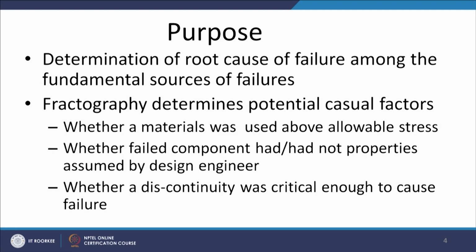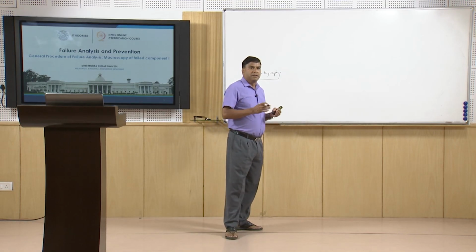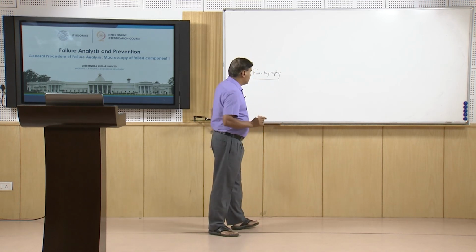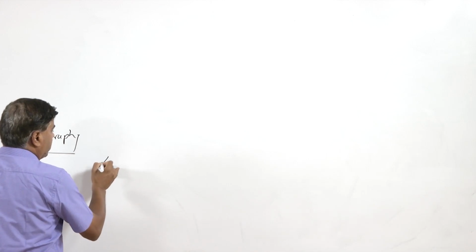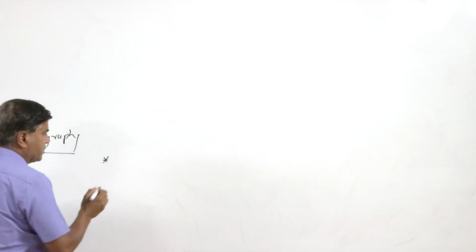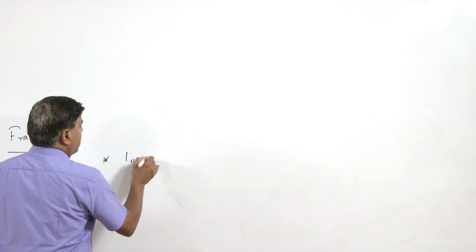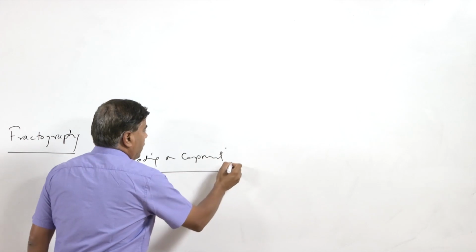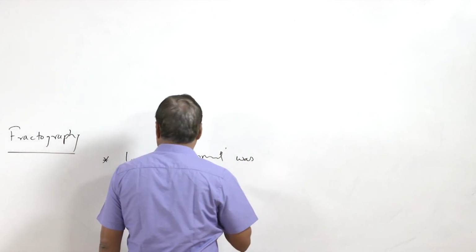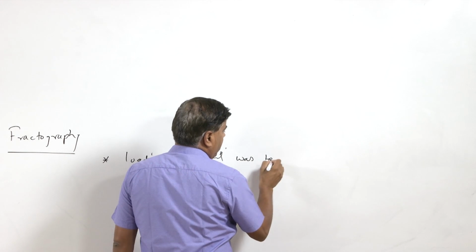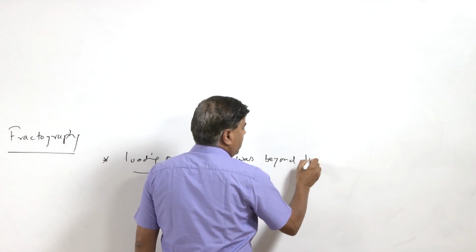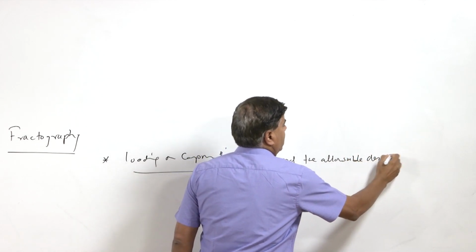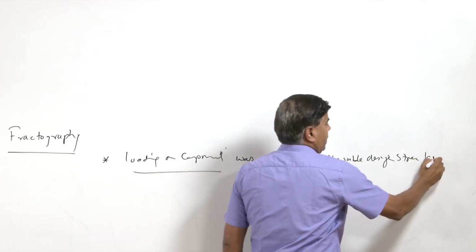Apart from that, how does fractography help in determining the root cause of the fracture? Whenever fractography is carried out, it helps in determining whether the loading on the component which has fractured was beyond the allowable design stress level.